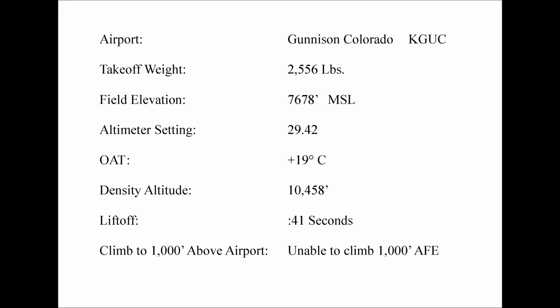Under these conditions, the aircraft required 41 seconds to reach takeoff speed. After liftoff, climb performance was severely degraded. The airplane was unable to reach 1,000 feet above airport elevation. This demonstration isolates the effect of temperature. An increase in temperature alone can raise density altitude dramatically, and with it, reduce aircraft performance to the point where climb capability becomes critically limited.